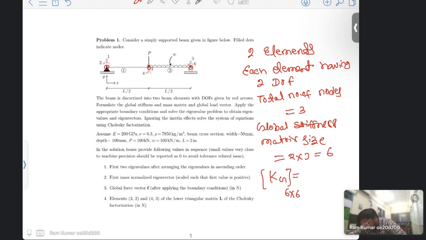And how will we find it? We have to add the stiffness of element 1 plus the stiffness of element 2, and similarly add the load vectors. But first we have to find the element stiffness matrix for element 1, then for element 2.